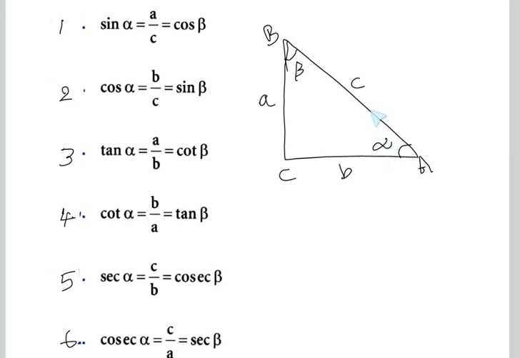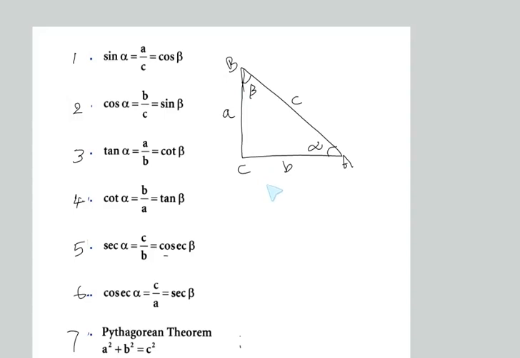Opposite side to beta is b, so c by b is also known as cosec beta. Cosec alpha is equal to hypotenuse by opposite side, that is c by a, also sec beta, hypotenuse by adjacent side.